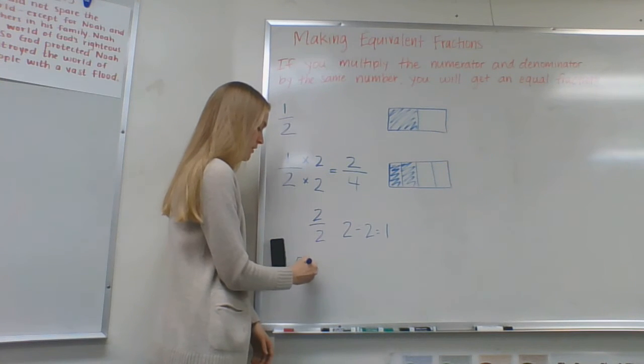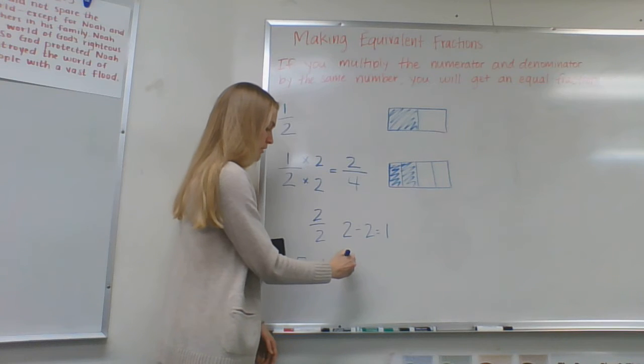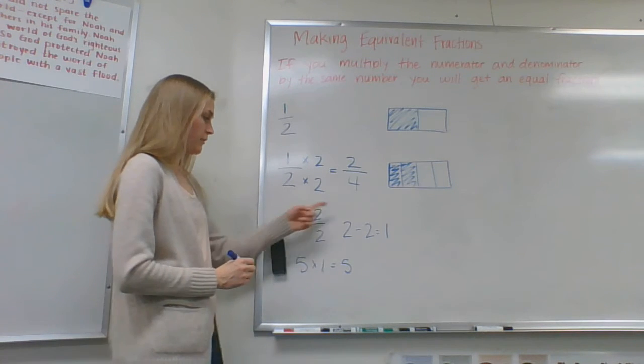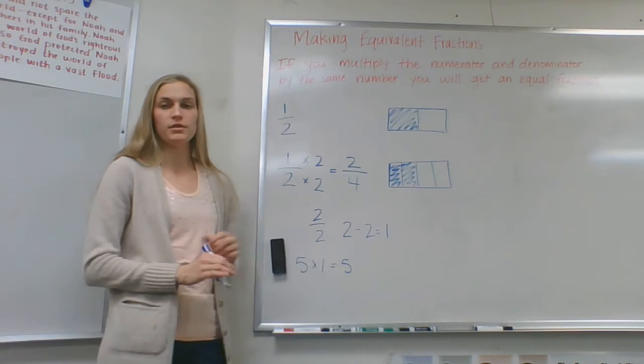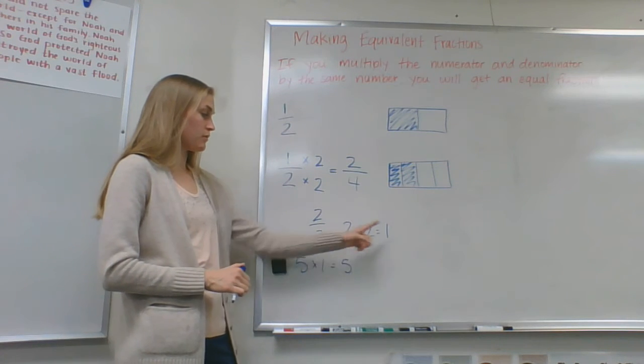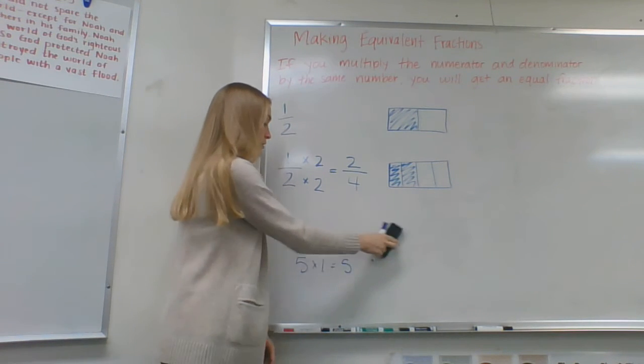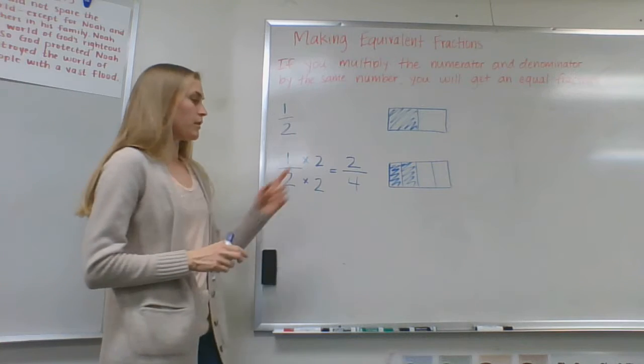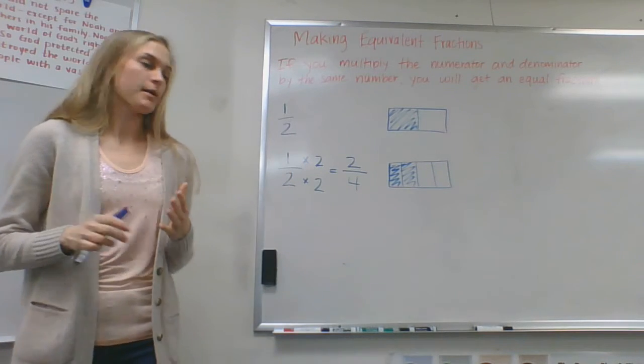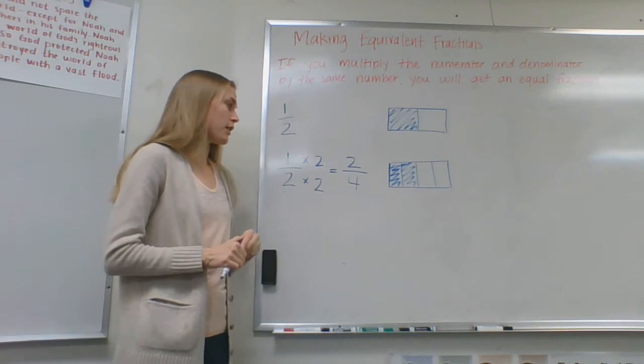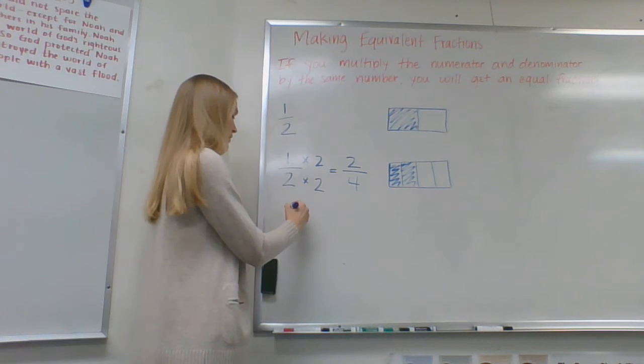Like 5 times 1 equals 5. So 5 times 2/2 will also equal 5, because 2 divided by 2 is 1. So that's why if you multiply the numerator and the denominator by the same number, you're going to get an equivalent fraction.